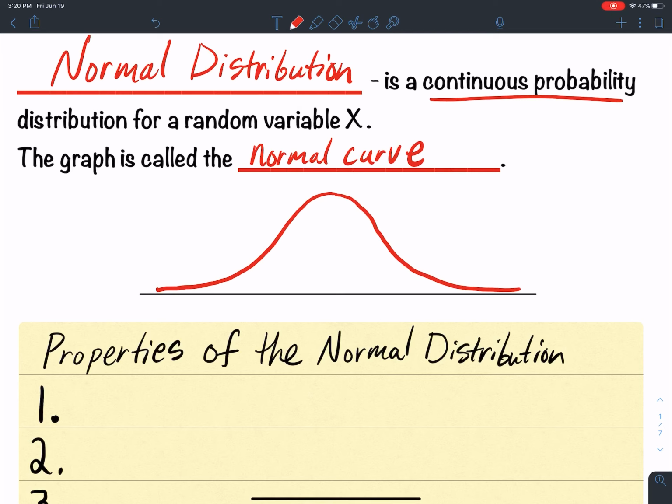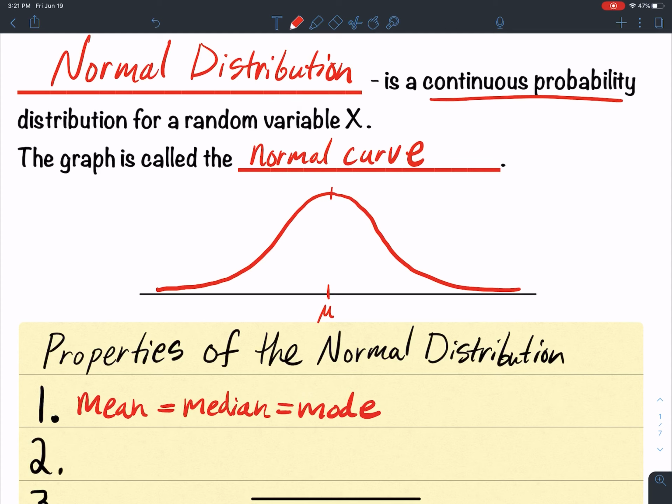Okay. Now, centered at the middle of this bell curve is the mean. So the properties of the normal distribution: the mean is equal to the median, which is also equal to the mode, the highest point.